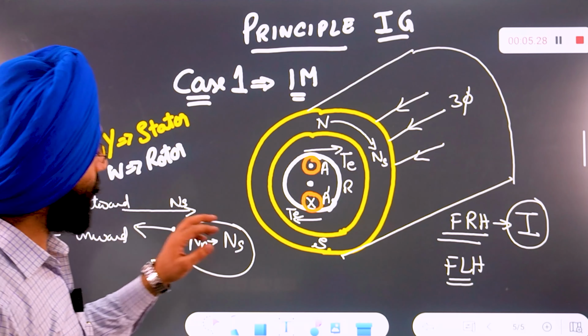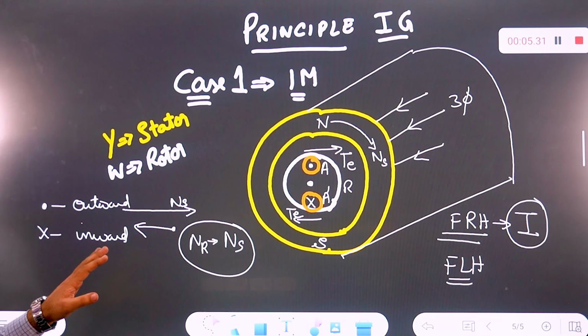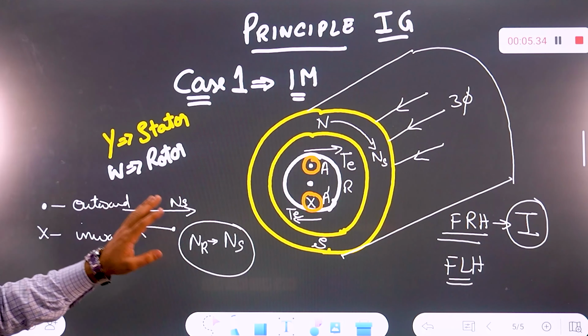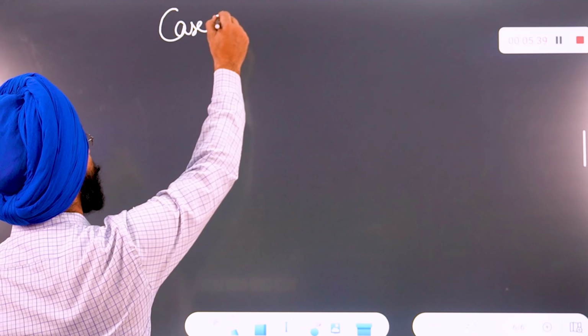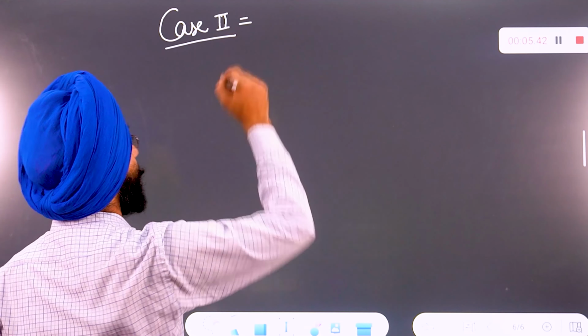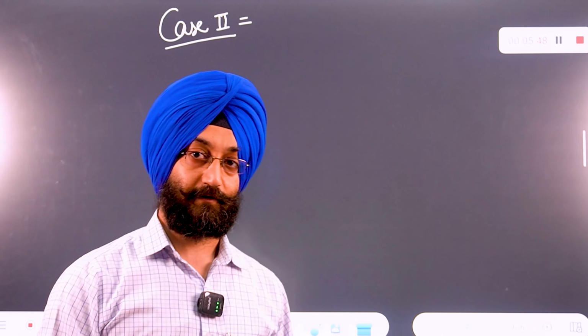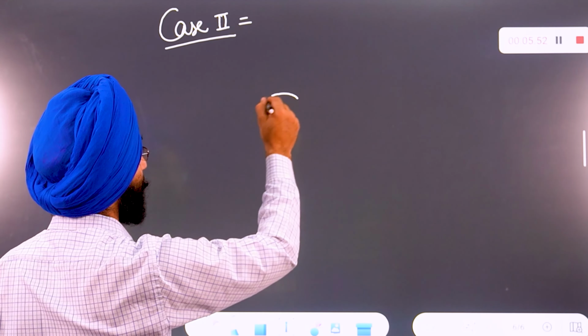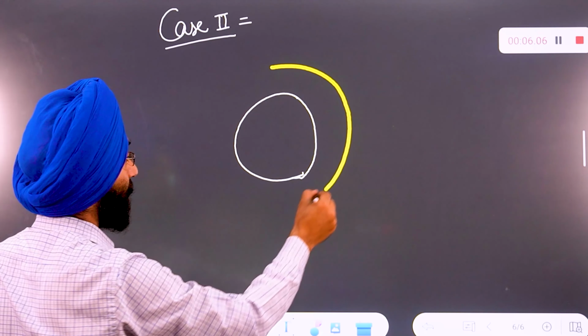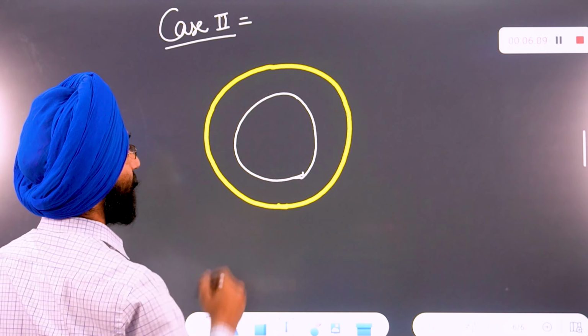Now let us have a look at case 2. This was case one, the principle of rotation of the induction motor. Now we will consider the principle of the induction generator. So in case 2, we will be studying how rotation and torque change in the induction generator. Consider again, this is the rotor itself, and this is the stator.